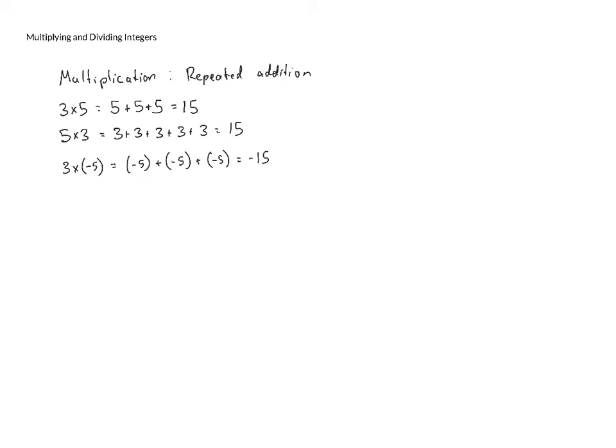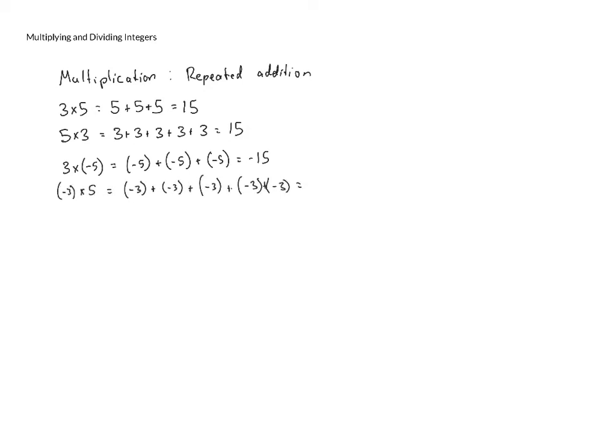Now let's take a look at a couple more. If we were to look at negative 3 times 5, for example, we know that the order doesn't matter. So this would be the same as adding negative 3 5 times. Negative 3 plus negative 3 plus negative 3 plus negative 3 plus negative 3.